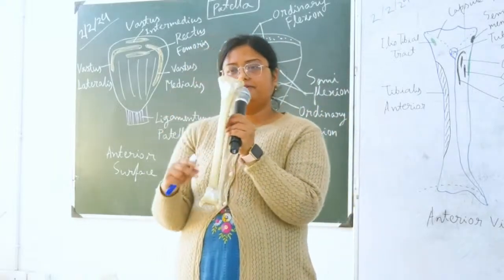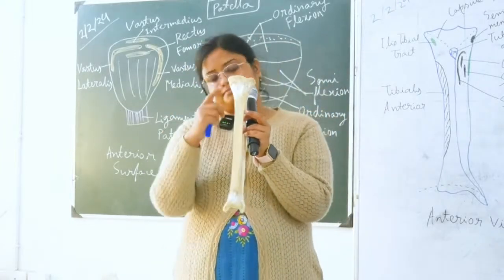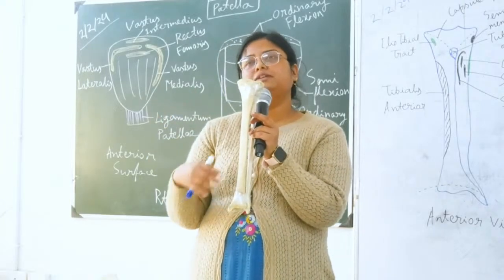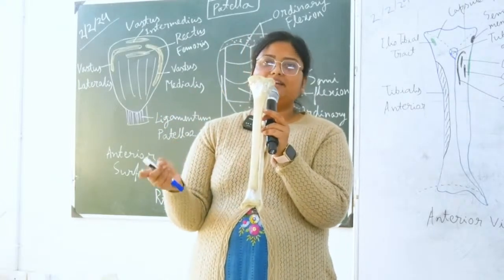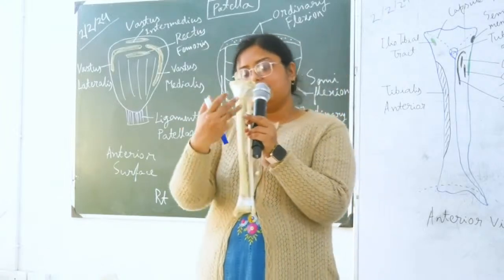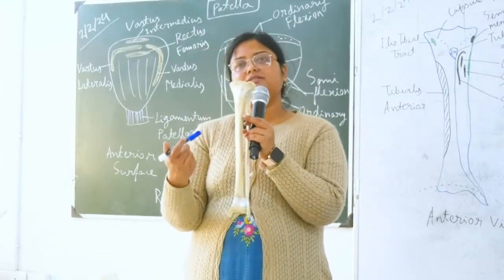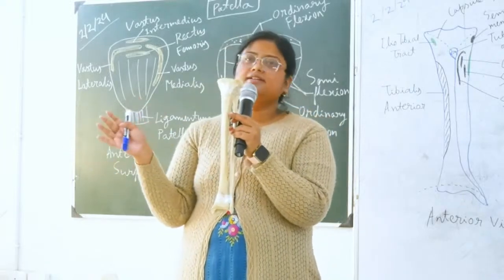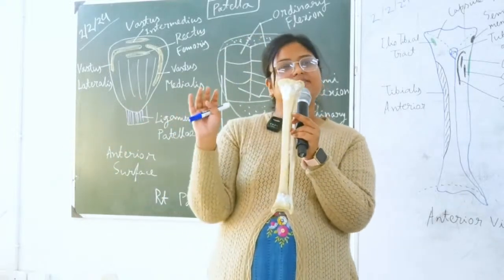The anterior border is subcutaneous. The medial border gives attachment to the deep fascia of the leg, known as the fascia cruris. And the lateral border, the interosseous border, gives attachment to the interosseous membrane connecting the two bones. So the borders are covered.